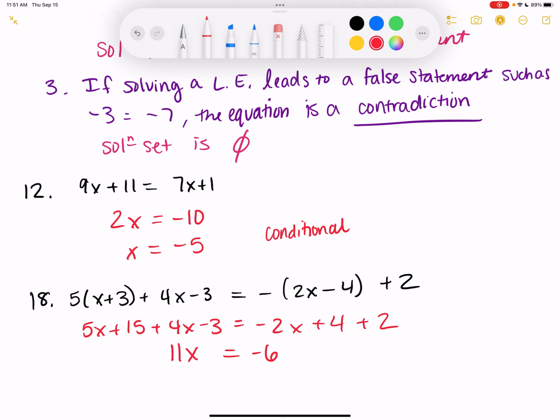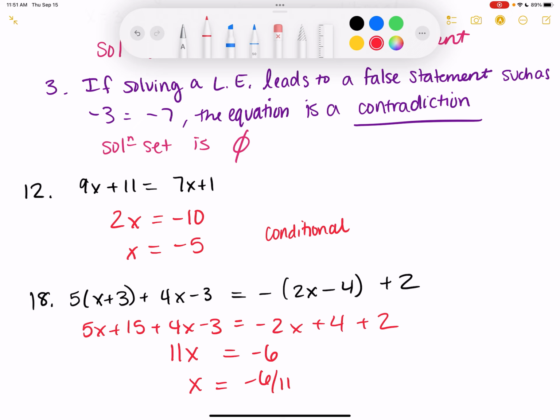That's right. 12, and then 6. 6 minus 12 would be... Okay, thanks. So then x equals negative 6 over 11.